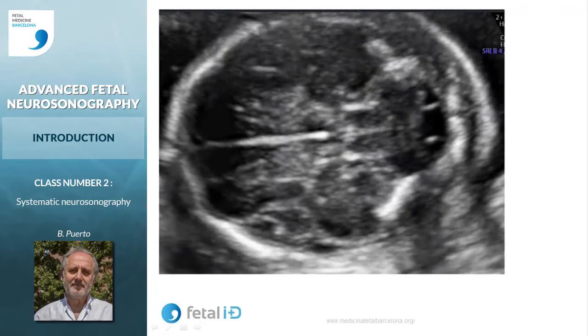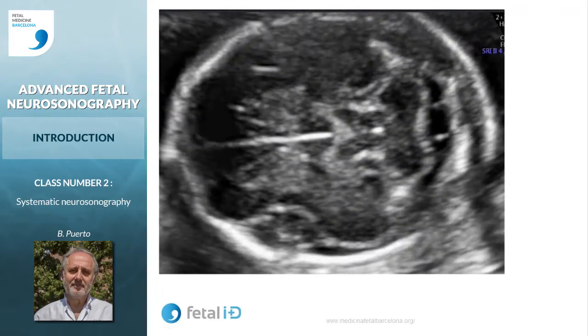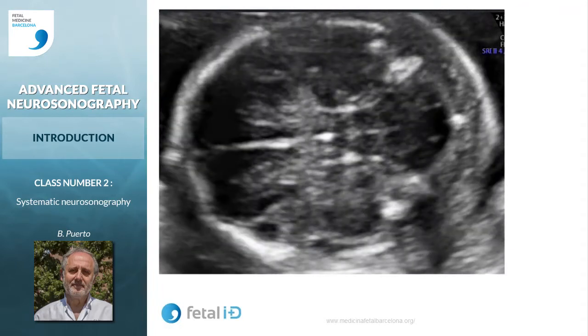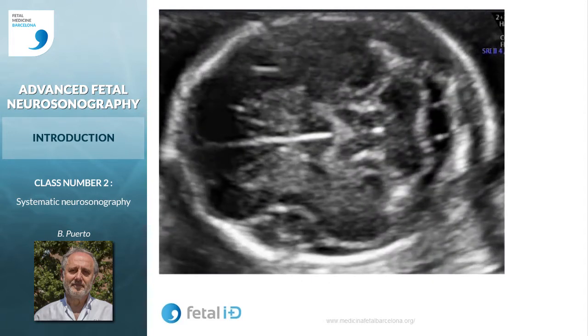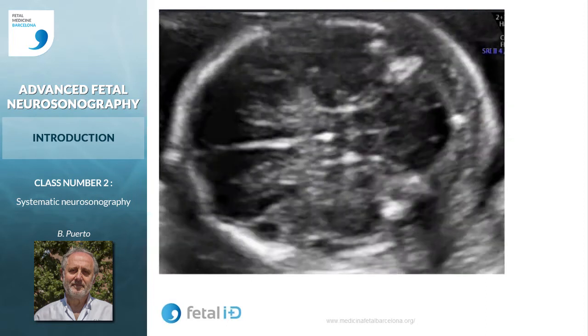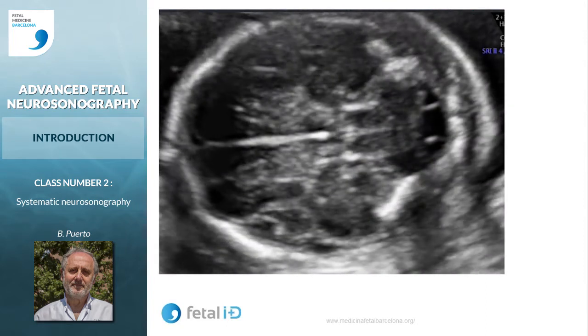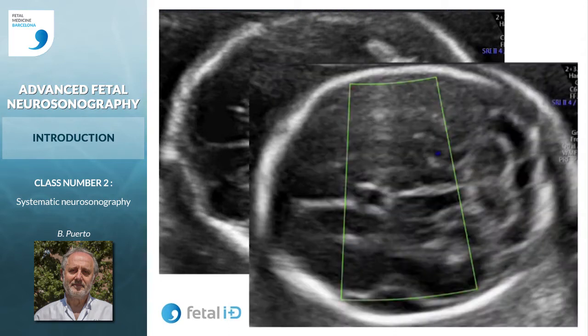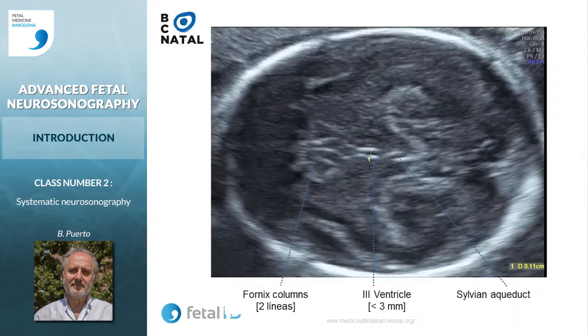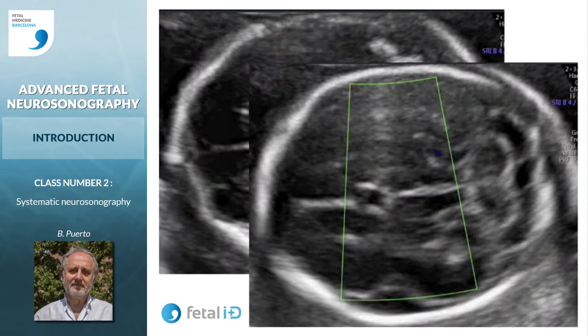It is important at this point to identify the Sylvian fissure and see the variations throughout the pregnancy. Above it, we see a pulsed vessel that corresponds to the middle cerebral artery. In this clip, we can see the middle cerebral artery, a vessel passing at the level of the Sylvian fissure.